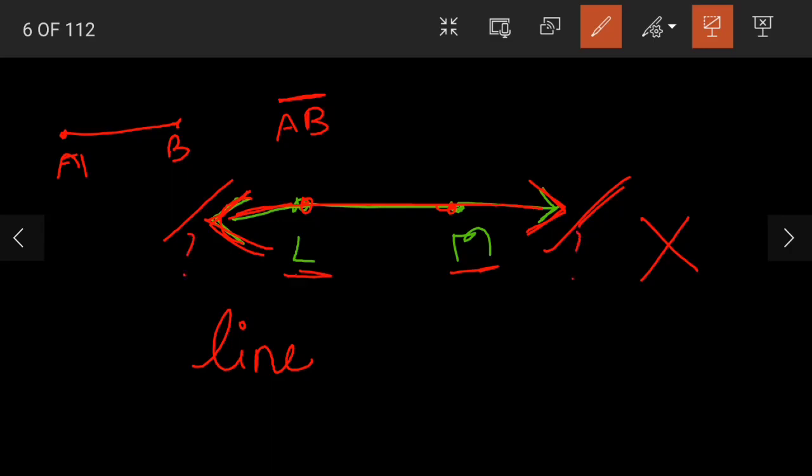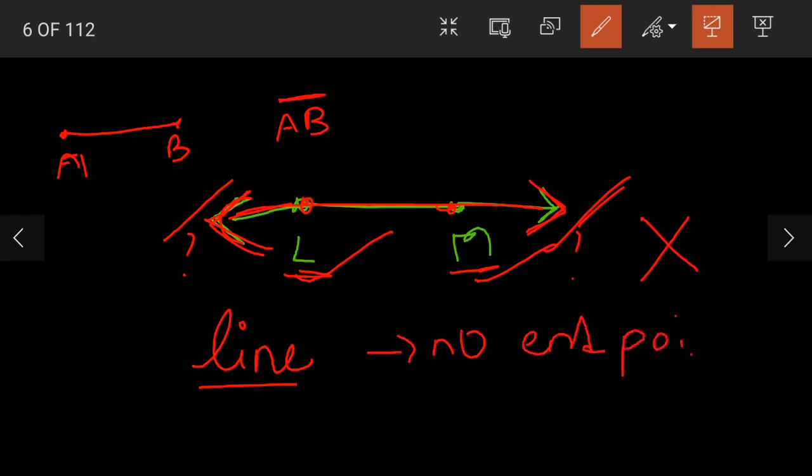So to name our line, we will consider any 2 points on the line. For example, we have point L and point M. Understood, children? Line has no endpoints, so when we want to name our line, we take any 2 points on the line, for example, point L and point M.